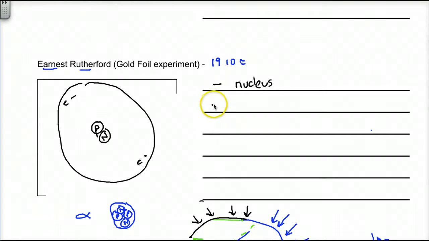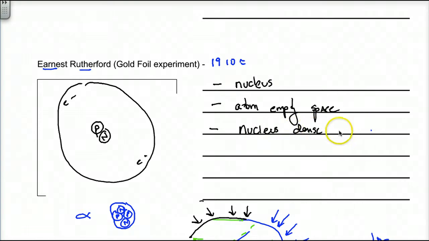In any case, he discovered a nucleus, but more specifically, he discovered that most of the atom is empty space where the electrons roam. And of course, he discovered that the nucleus is dense and positively charged.